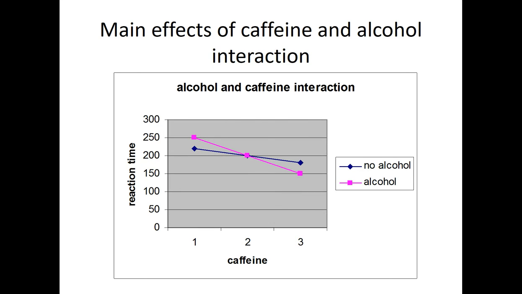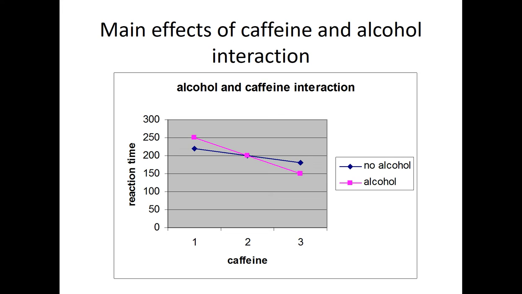Here is what it would look like if there were an interaction but no main effect. So if your lines actually cross, if they make an X, that's a signal that there's no main effect but there's an interaction. See, if this were true, and of course, clearly this data is made up because it doesn't make any sense, but if this were true, then with no caffeine, our no alcohol group would be faster.